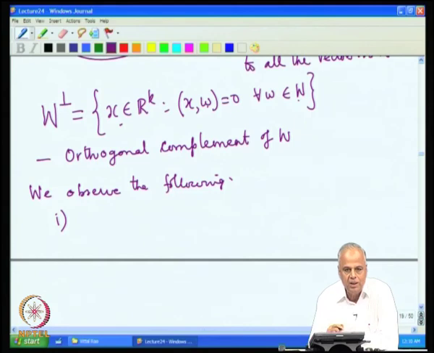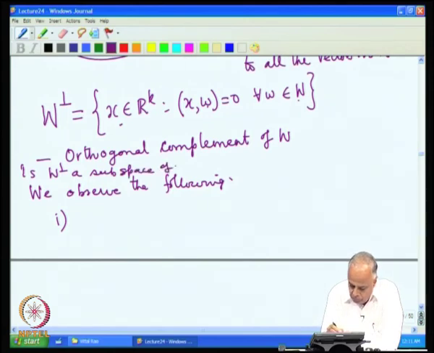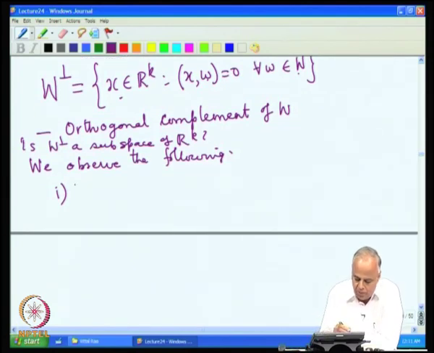Whenever you have a subset of R^k, we wonder whether it is a subspace, and that is what we are going to investigate. So, is W perp a subspace of R^k? Now, you may recall that in order to check whether something is a subspace, we must make sure it is non-empty, closed under addition, and closed under scalar multiplication.